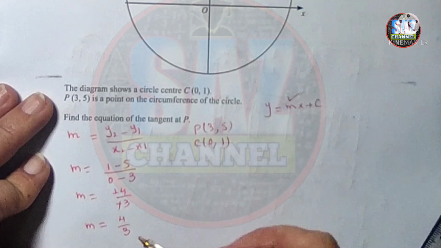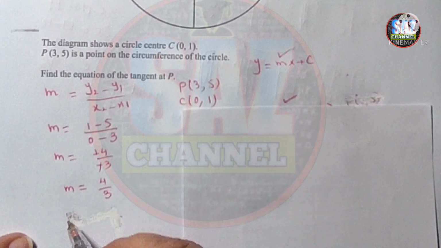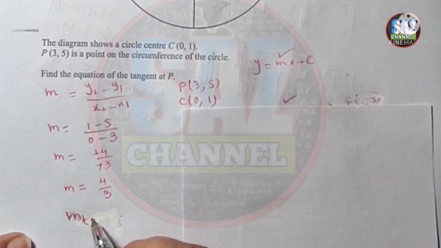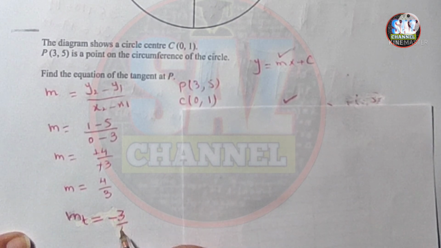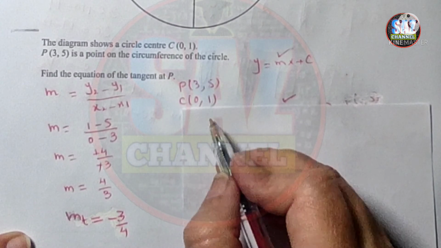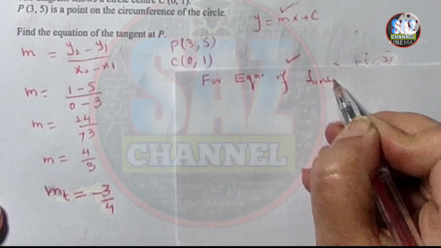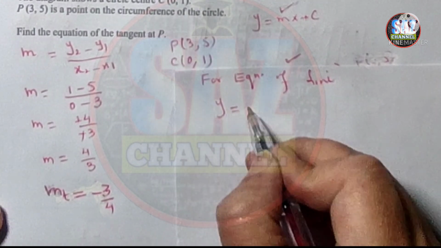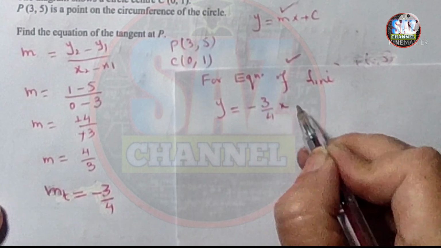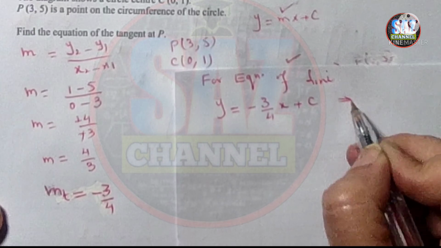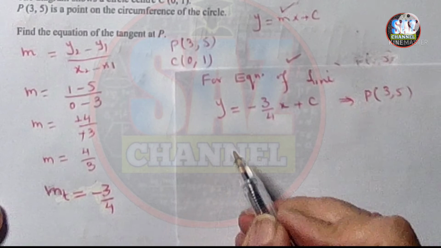Because the tangent is perpendicular to that line, the gradient of the perpendicular tangent will be minus 3 by 4. Now for the equation of the line, we take the gradient minus 3 by 4 x plus c, and for the calculation of c we take the point P, 3 and 5.